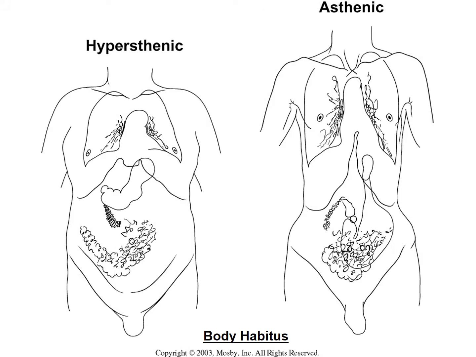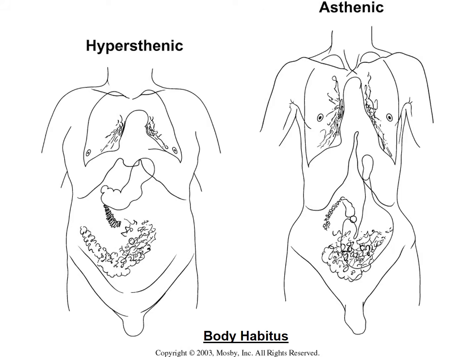What's important here is that the organs actually change position based on the body habitus. For example, in a hypersthenic patient, the stomach is high and a little bit more horizontal in placement, whereas in the asthenic patient, the stomach is going to be very long and J-shaped in the body.